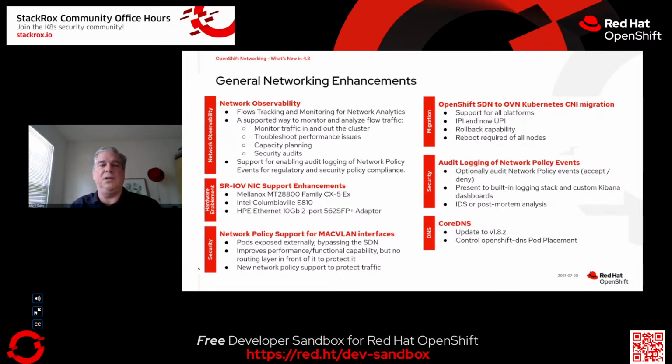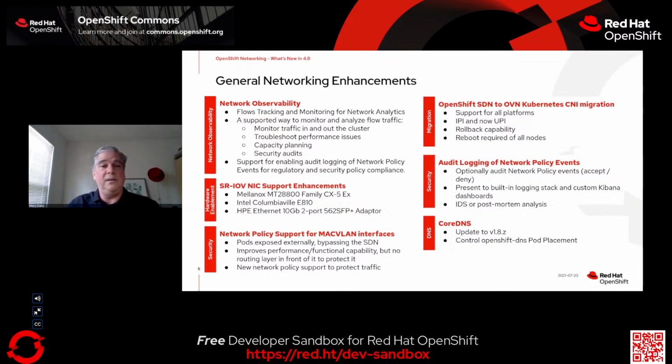I know this presentation is really about what's new specifically in 4.8, but I do have to mention that in our follow-on release, 4.9, we've integrated with RHEL's fast data path team and their test harnesses. So at 4.9 onward, any NIC that RHEL supports for SR-IOV, so will OpenShift. So this list that I presented to you of three different adapters, hopefully I won't have to keep presenting adapters going forward.